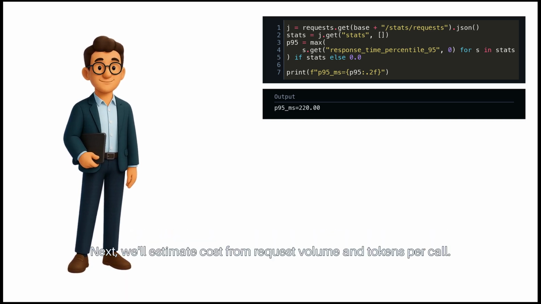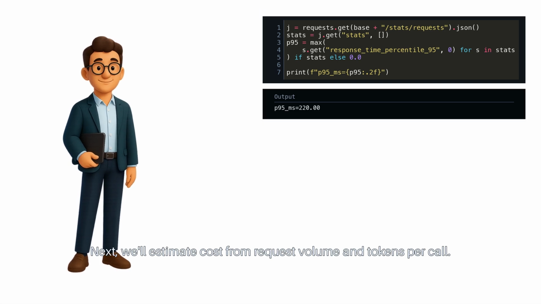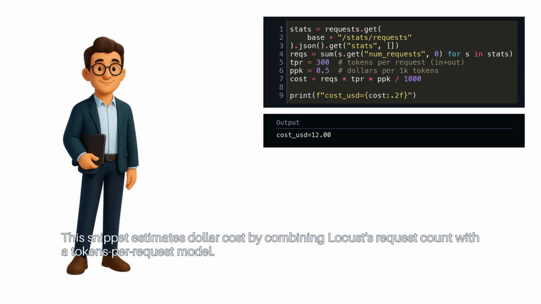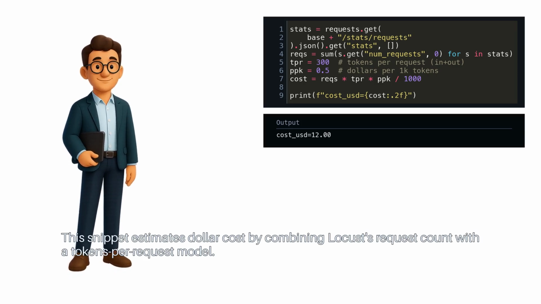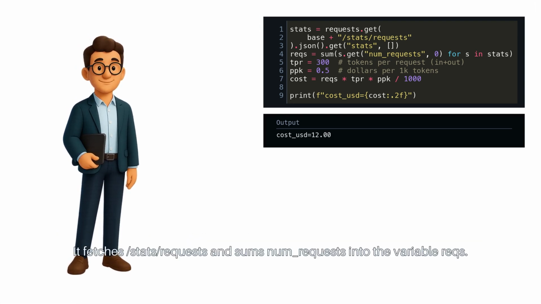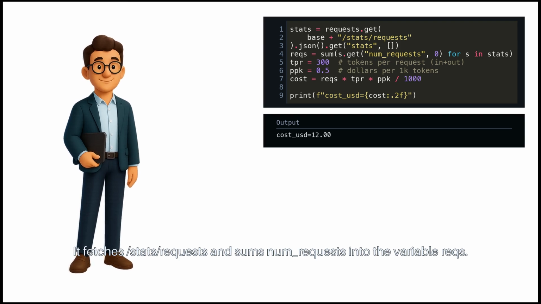Next, we'll estimate cost from request volume and tokens per call. This snippet estimates dollar cost by combining Locust's request count with a tokens per request model. It fetches /stats requests and sums num requests into the variable rex.